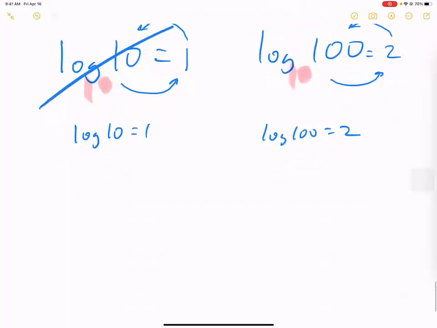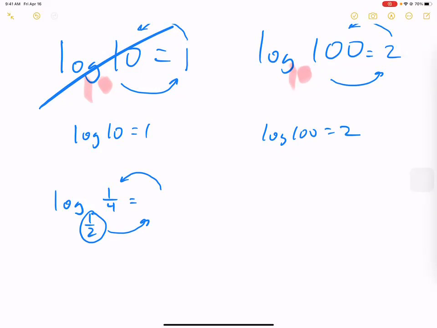Now here's a weird one. If I say log base 1/2 of 1/4. Logs are for exponents. So what's the base? The base is 1/2. So what exponent of 1/2 do we need to get us to 1/4? Let's see if you guys can figure that out. If you guys know the answer, please type in the chat. What exponent of 1/2 would get me to 1/4?